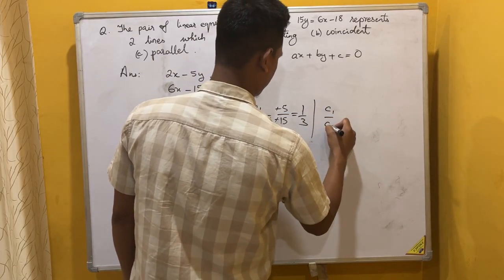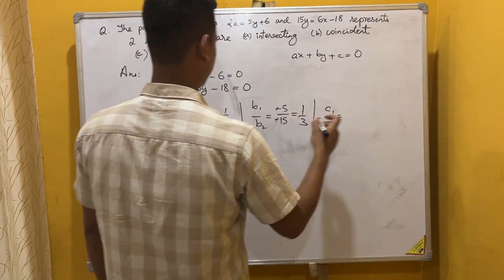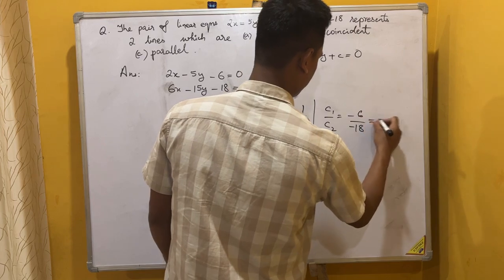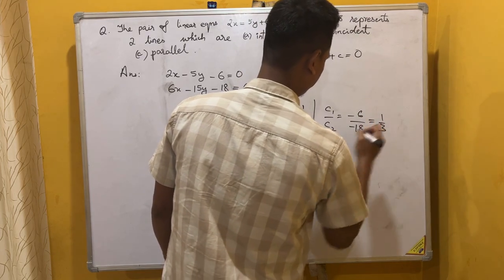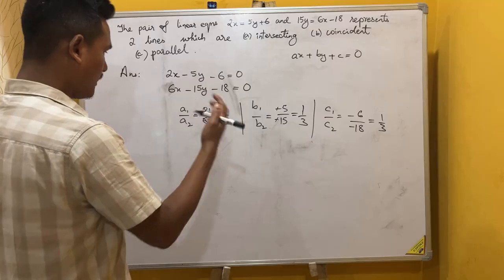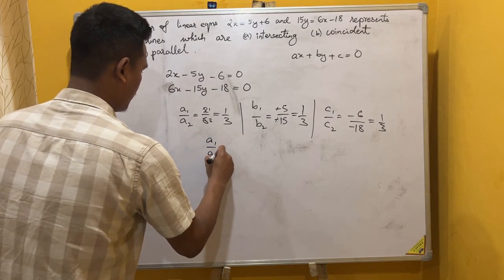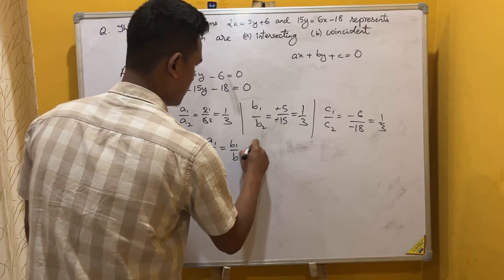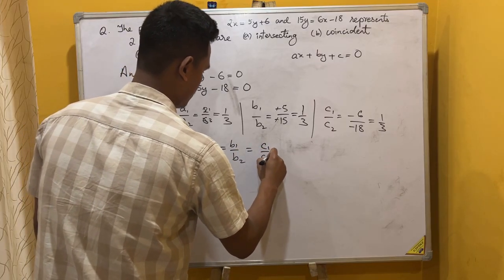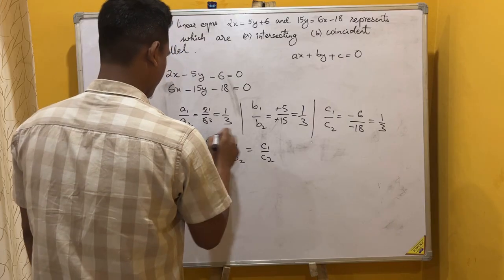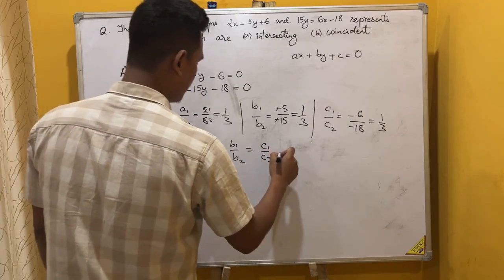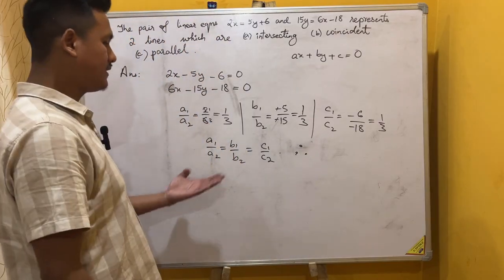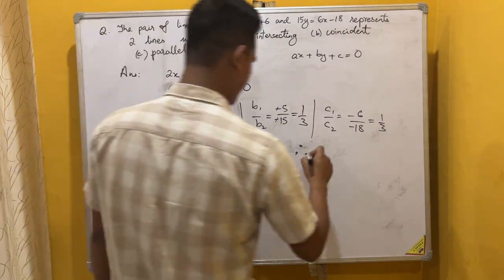Similarly, we see that a1 upon a2 equals b1 upon b2 equals c1 upon c2. Therefore the lines are coincident.